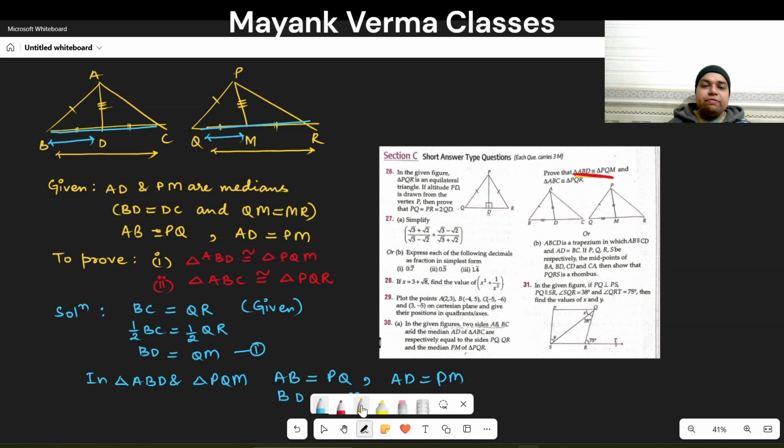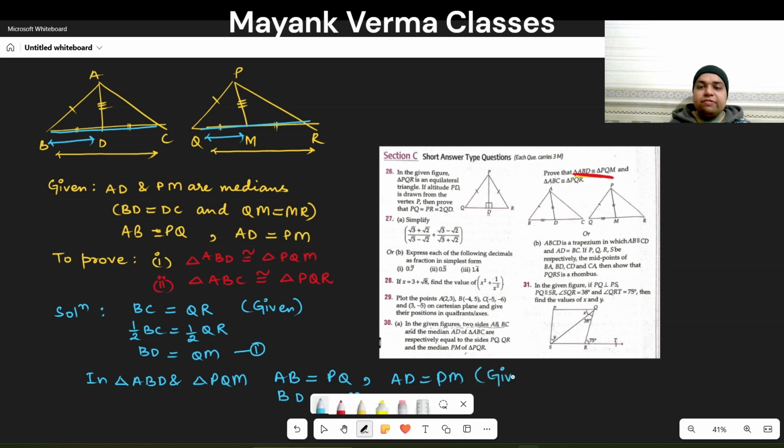What we are saying is that in this triangle and in this triangle, this side is equals to this side, and the third side we already just proved that they are equal, right? So by SSS rule, I will also write the reason behind it.